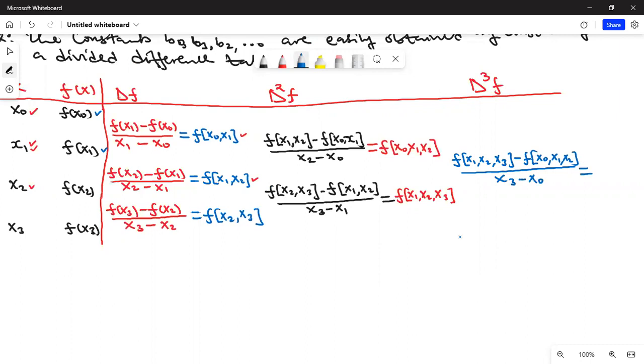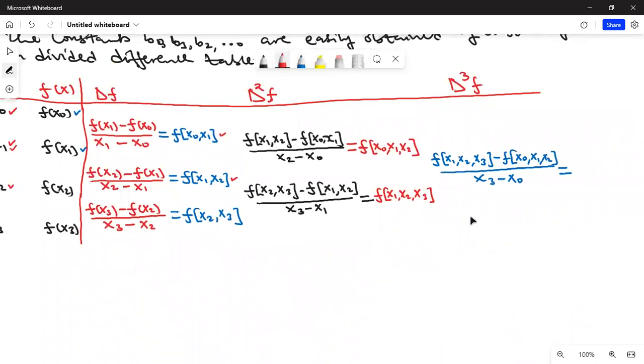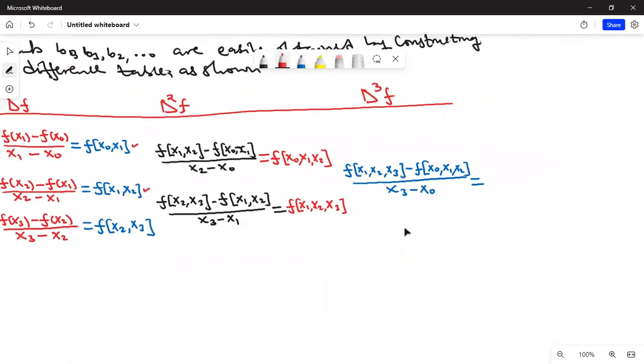And how else can you write this? It is the same as f of x naught x1 x2 x3.